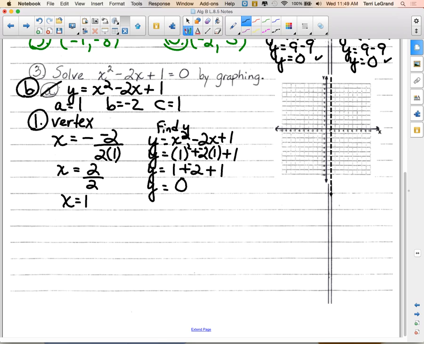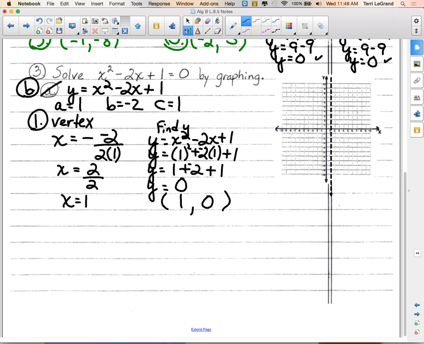Oh, I'm not to that point yet. I'm not ready to find my y-intercept yet. I'm still trying to find the vertex. Right now, I'm taking my 1, because x has to be 1 for the vertex, and I put it in and I'm getting my y value. So right now I'm finally at the point of being able to say that the vertex is 1, 0.